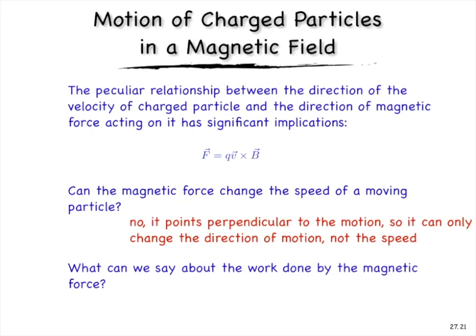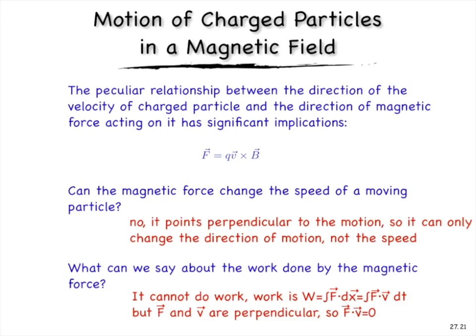So given that, what can you say about the work done by the magnetic force? Recall, work is force dotted with displacement. Which way is this charge? Which way is its displacement? It's vertically. The force is horizontally.